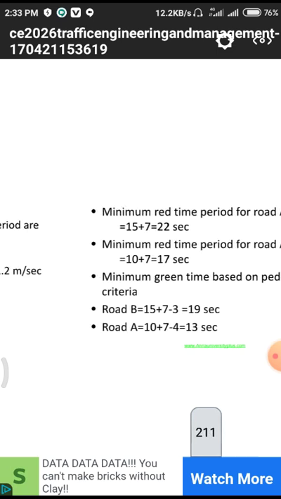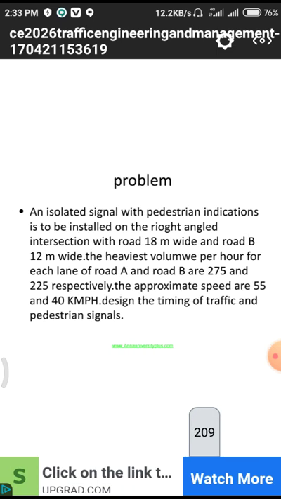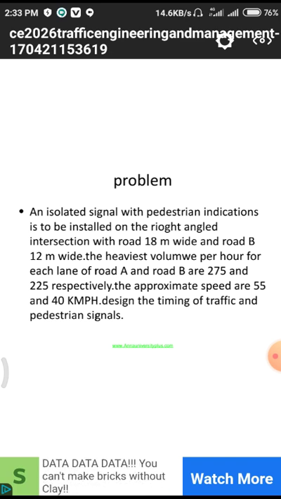Once again I will explain. This is the total problem they gave. In this particular problem we have two roads, road A and road B. Road A has a width of 18 meters and road B has a width of 12 meters. In those roads there may be some quantity of traffic, which we relate with NA and NB.